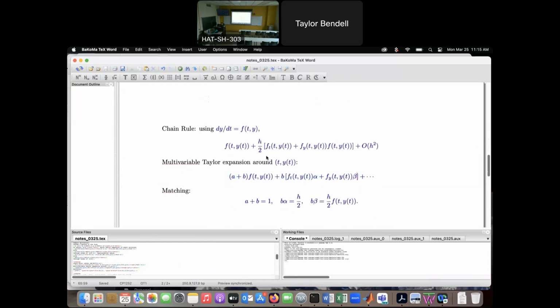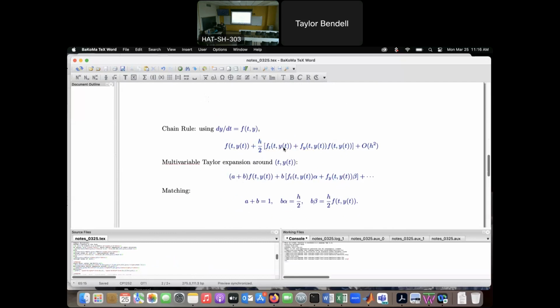So now I need to match this against this, which I can do because I have f, df dt, df dy here, and I have f, df dt, df dy here, and I just have to set a, b, alpha, and beta so that these expressions match up through terms of order h. So, for instance, here I have f of t, y of t, here and here, but the second one has a coefficient of a plus b, so a plus b needs to be equal to 1.